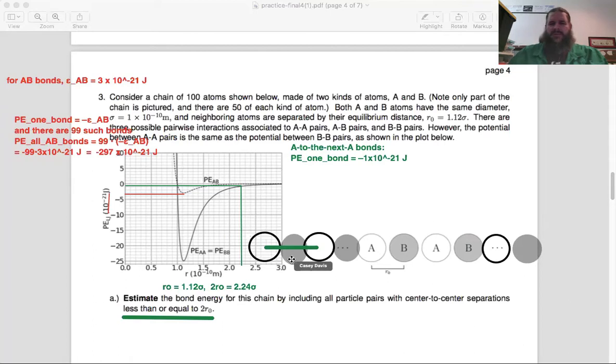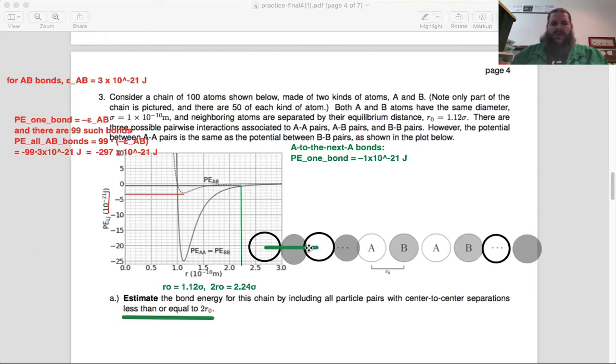For these purposes, we can ignore the B atoms entirely. We're just talking about the A atoms. And how many A atoms are there? Yeah, we've got 50 A atoms.